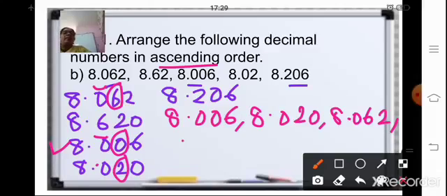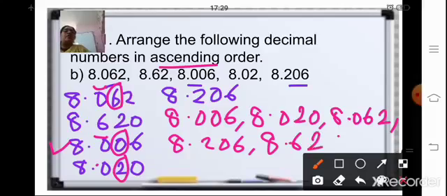So which number is smaller? That is 8.206, and the last number is 8.620. So this is how we have arranged the decimal numbers in ascending order. So go from smaller number to bigger number. Okay.